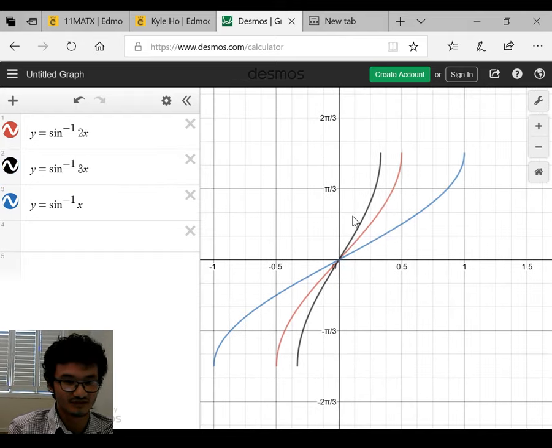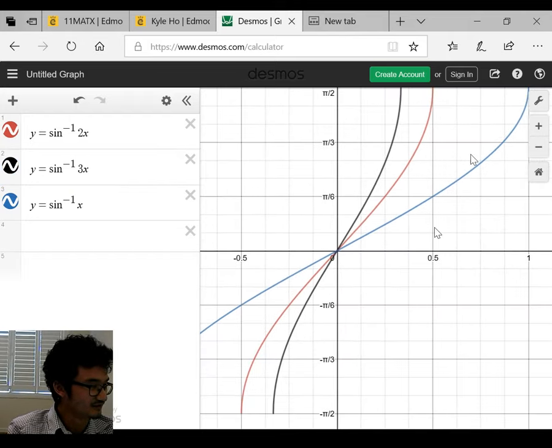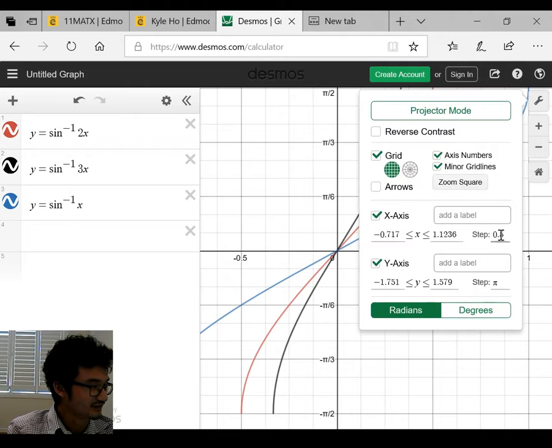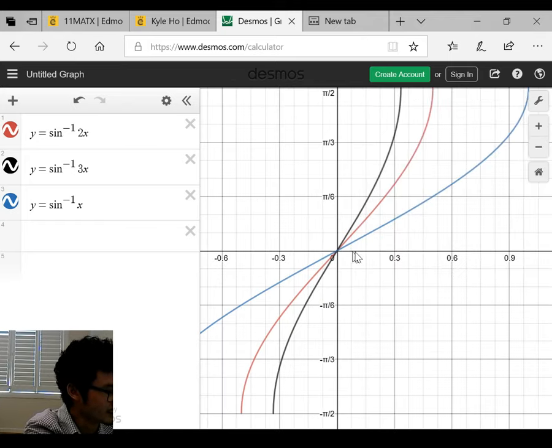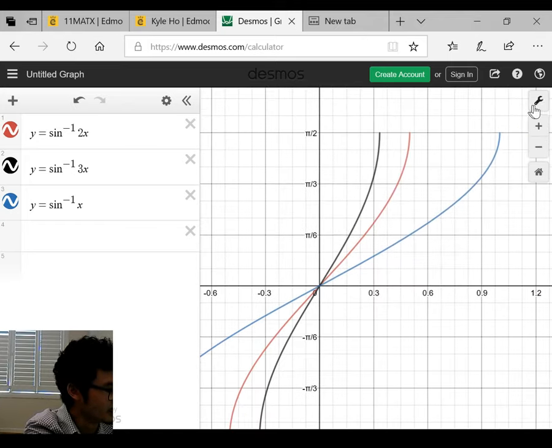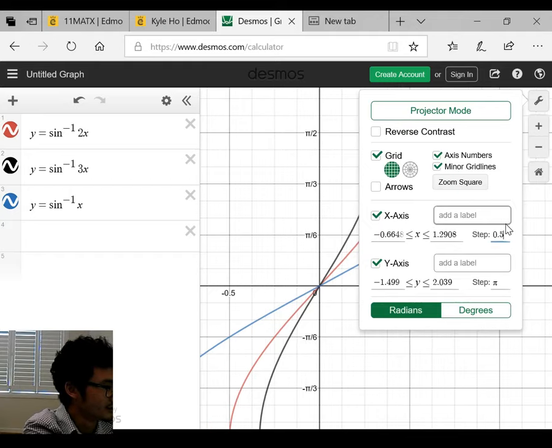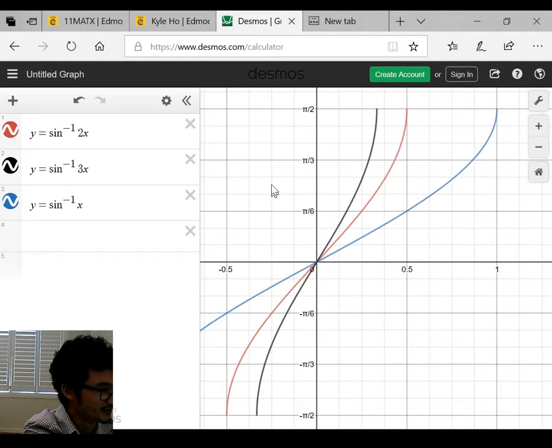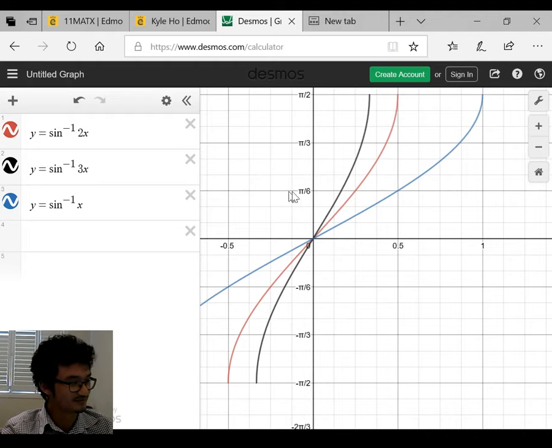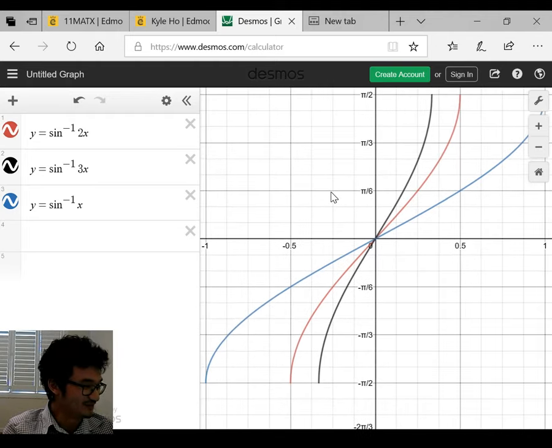Can you see, now, the black one over here, that's a scale factor of 1 over 3, right? Just see if we can see that a bit more clear. There we go. Now I like the 0.5 step there.